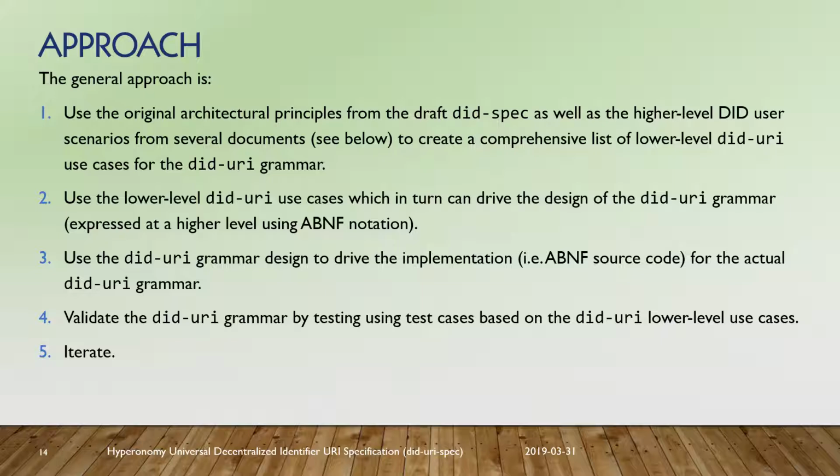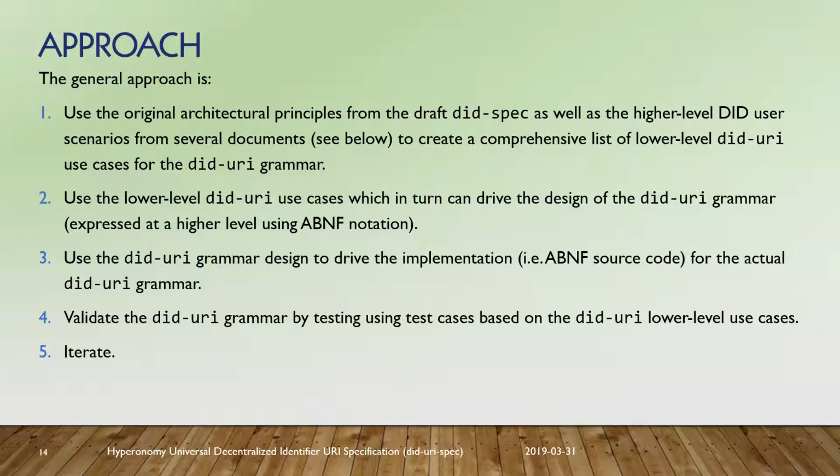is, if we look at the history of the did-spec, there's a lot of what I call original architectural principles, high-level concepts that were used to draft an initial version of the did ABNF, more properly called the did-URL grammar.